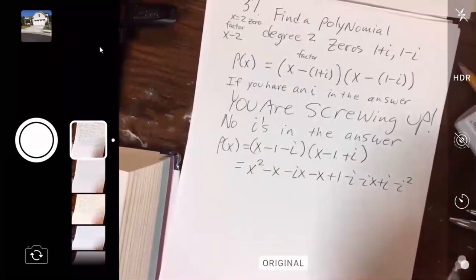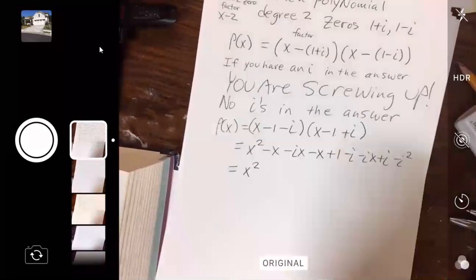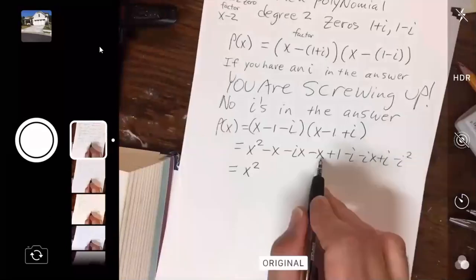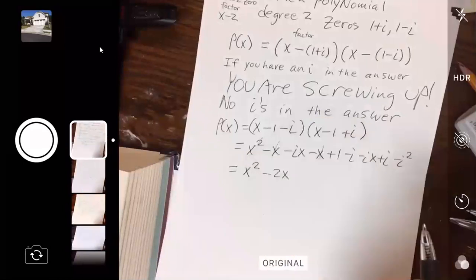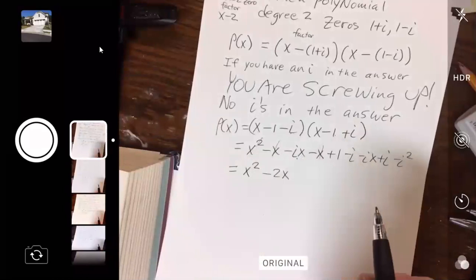x squared minus x minus 2x. If you want to cross through your pieces. Okay, minus ix and a... I think I've got a sign screwed up.